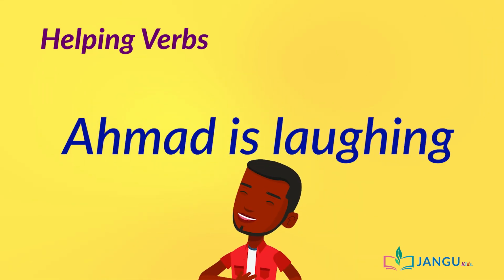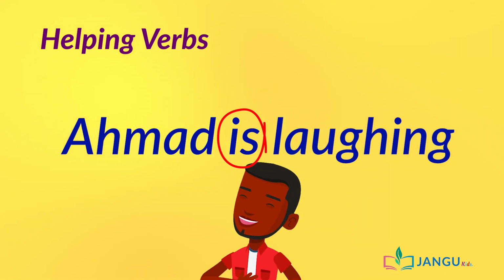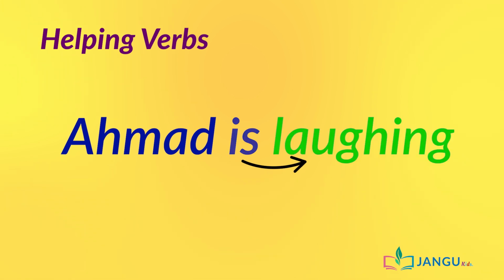Ahmed is laughing. Can you spot any helping verbs? That's right, the word is. How did you know? You can't act out is. It's right beside an action verb, and it can change the timing of the verb. What do I mean?